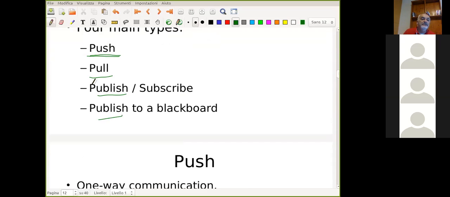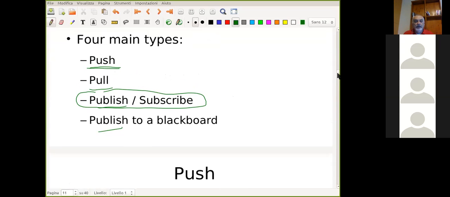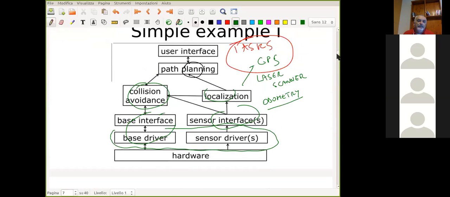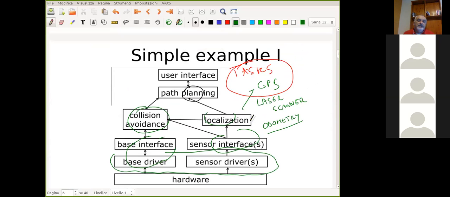And publish subscribe is very important, and you already know in ROS that it is a central method. Publish subscribe is typical and really common in systems like this one, in which communication must not be fixed.